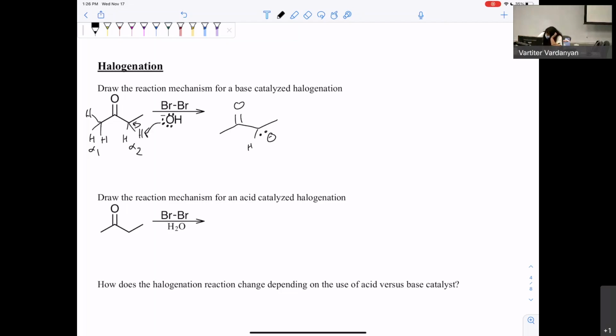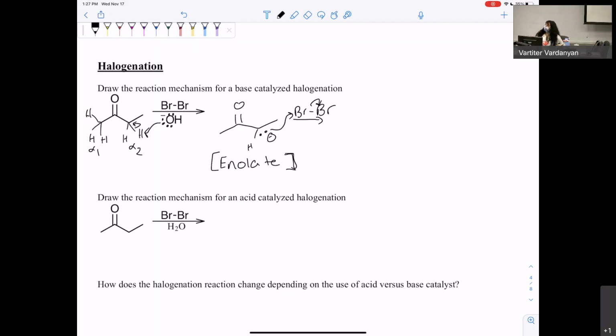And now, this negative charge steals the bromine. So the enolate is still the intermediate. And instead of going on and forming an enol, since we have another reagent in the mix, we actually let it act like a nucleophile.